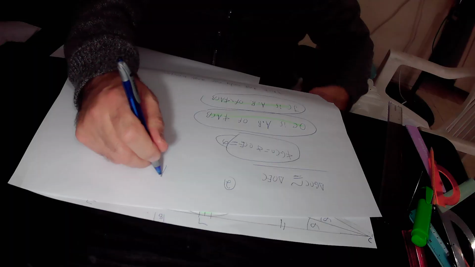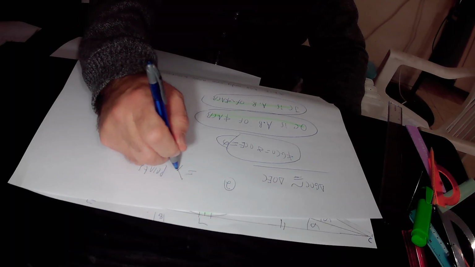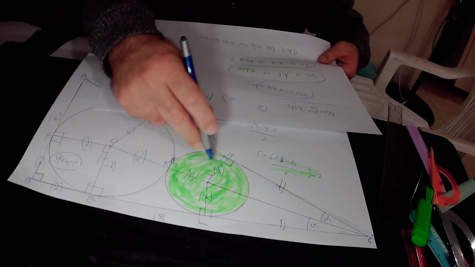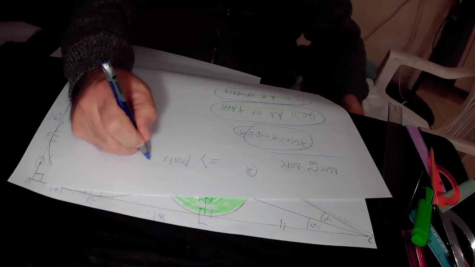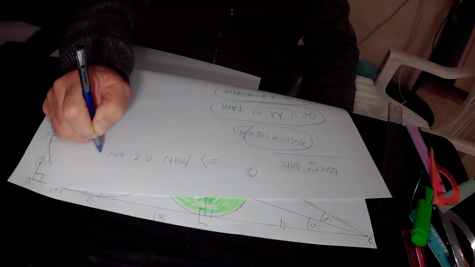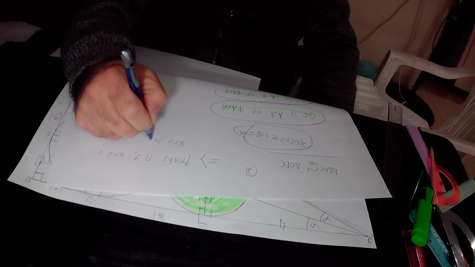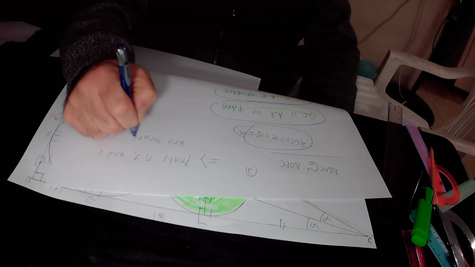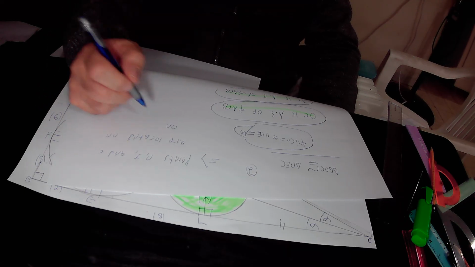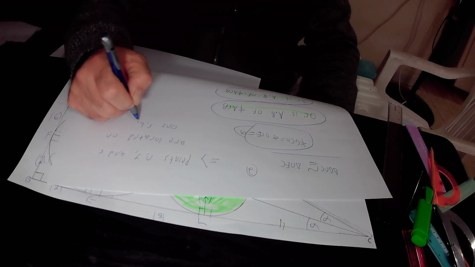So points O, J, and C are located on one straight line.